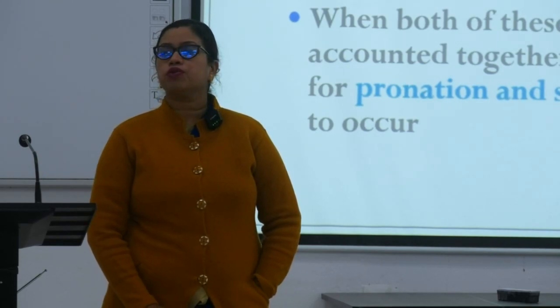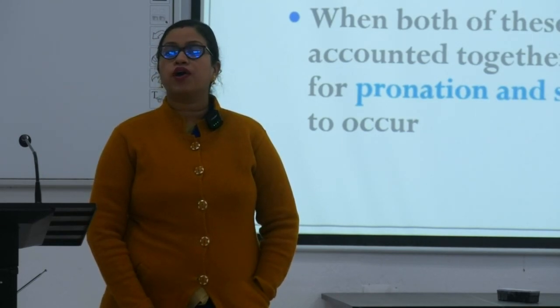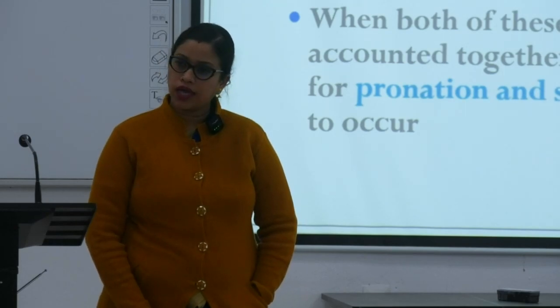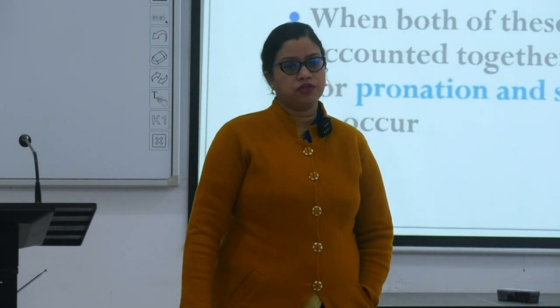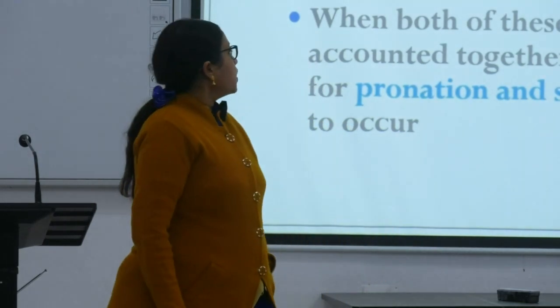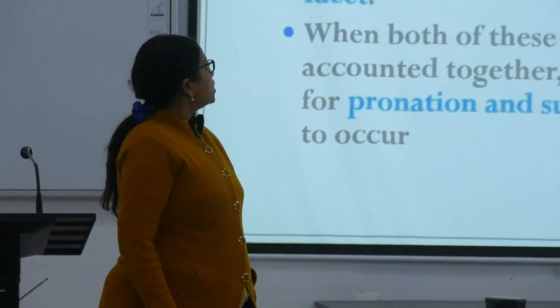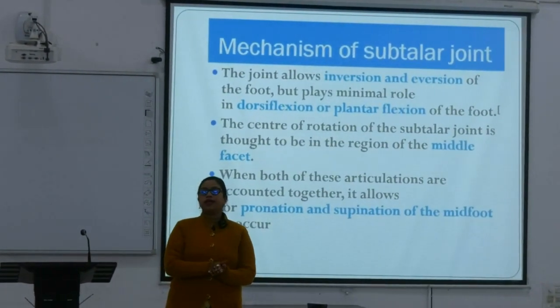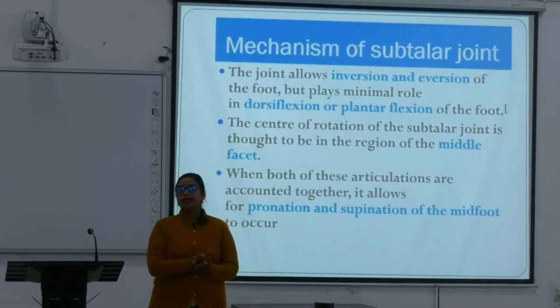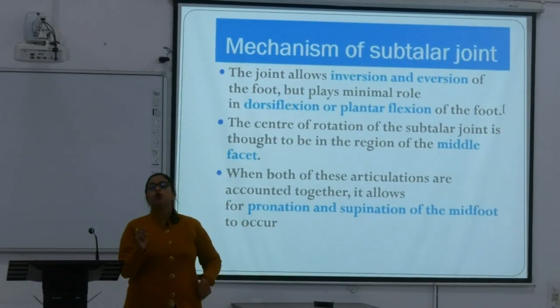But if the question used to come, you always go for inversion and eversion. Okay, many times the question used to come, you go for inversion and eversion. Okay, now the question is, suppose whatever the movement is occurring, wherever it is dorsiflexion, plantiflexion, inversion and eversion, which one is the axis?